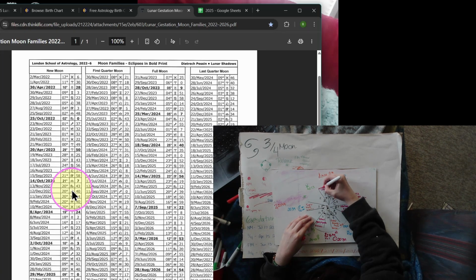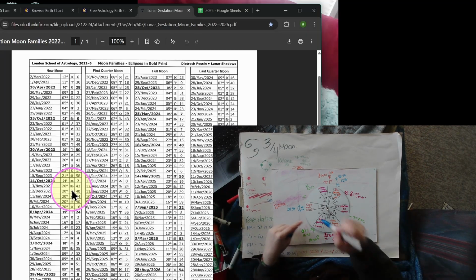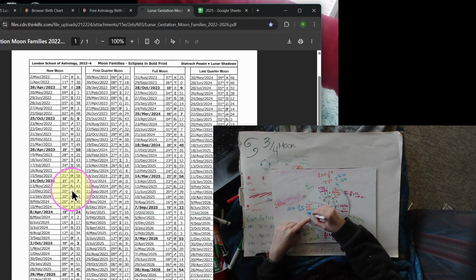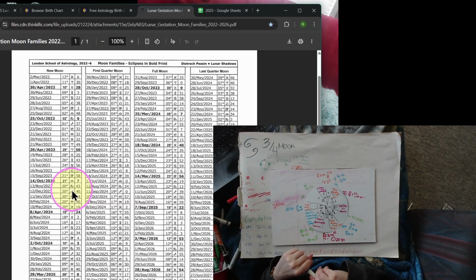I'm going to put neighbors, siblings, communication. 12th house is isolation, chronic health, mental health, and it's the place of self undoing. It can also be places of isolation like hospitals, prisons, confinement, that kind of thing.